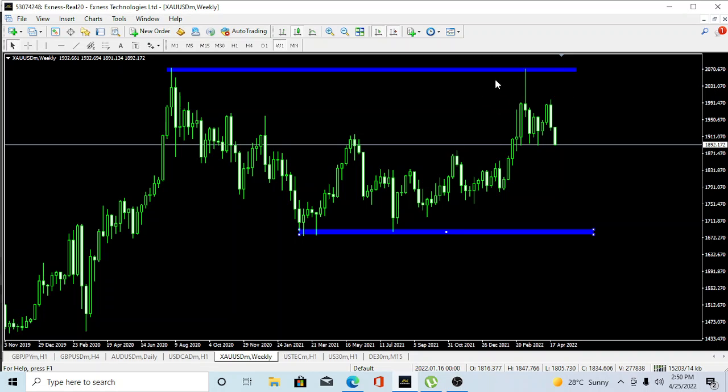You can see a similar candlestick pattern right from that strong resistance level of 2070 or 2060 something. Price created this massive shooting star.